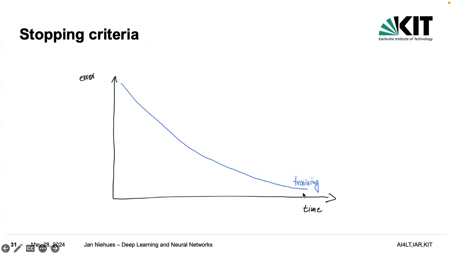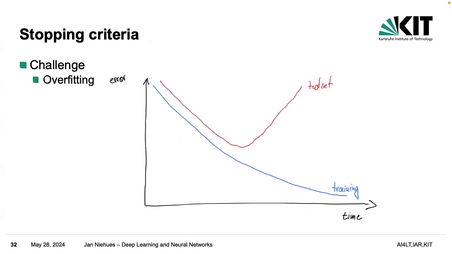The problem is this is only your error on the training data, and in parallel you can also look at some other data. If you look at your test data, sadly, it looks a bit different. What you typically see is something like this: both jointly go down, and you can improve your loss.